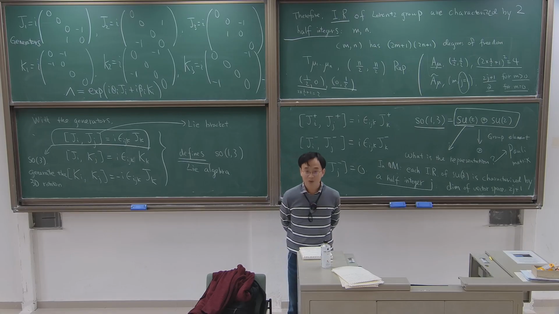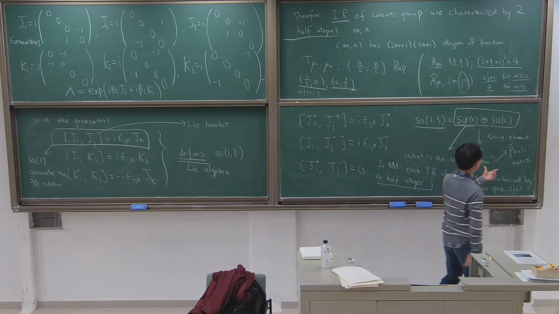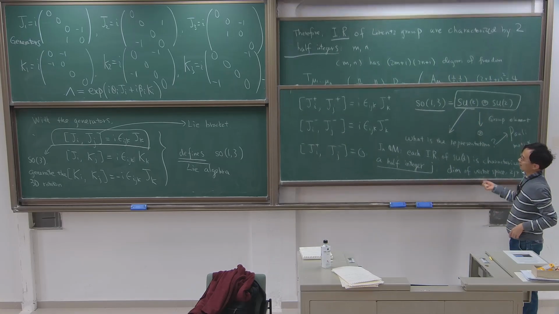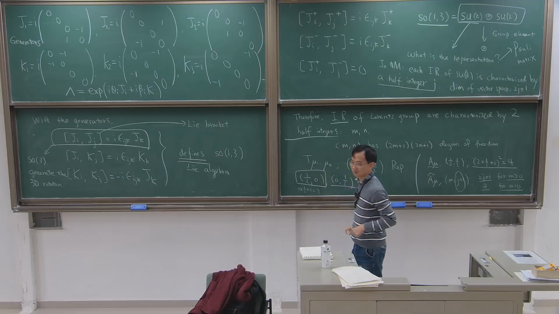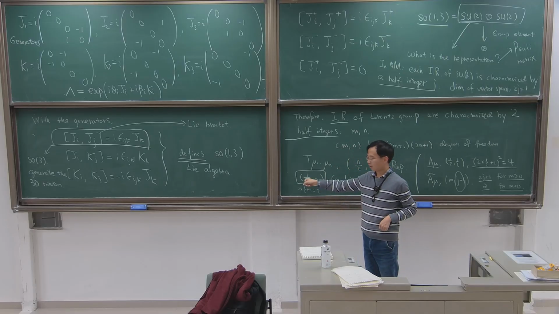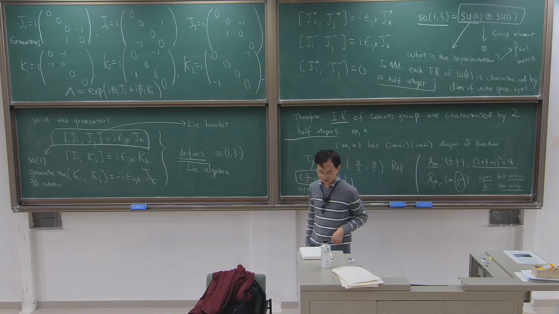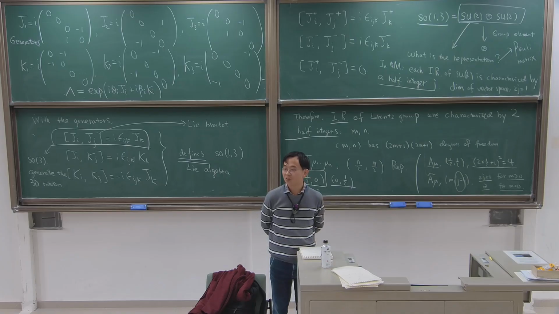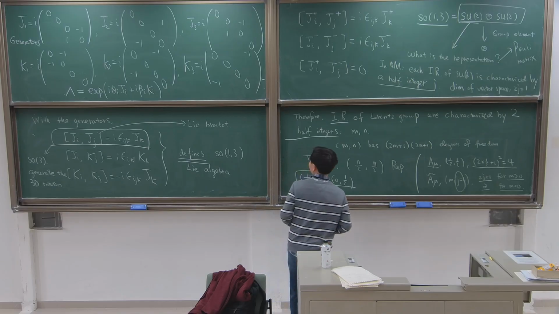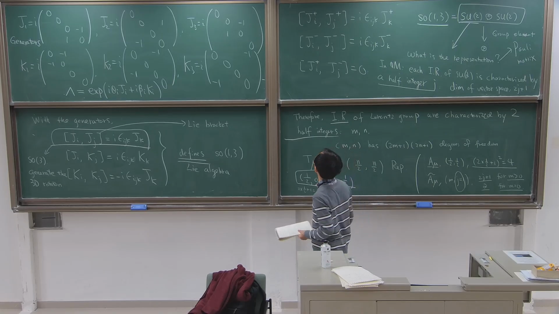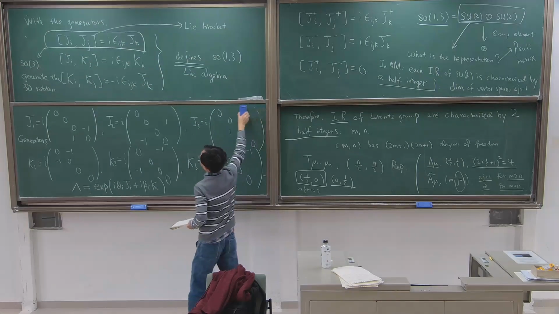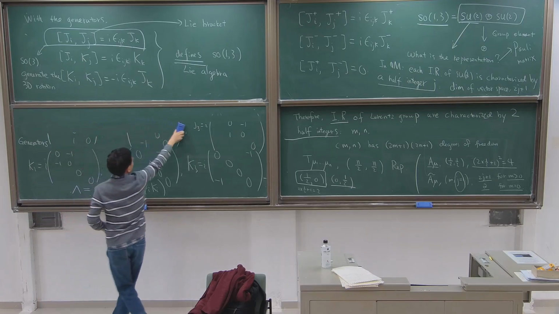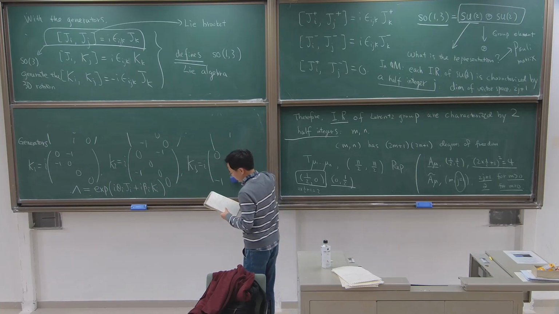Fortunately, we do have matrices realizing this particular representation. For a single SU(2), where the quantum number is half, we explicitly know one representation, which is given by the Pauli matrices. We can easily check this. Do you still remember the explicit form of the Pauli matrices? You can easily check the Pauli matrices from the SU(2) algebra.